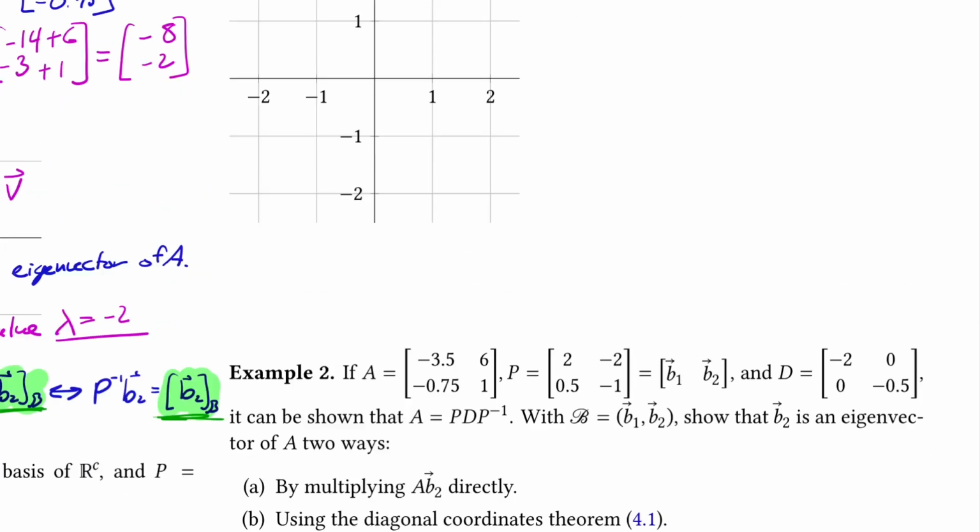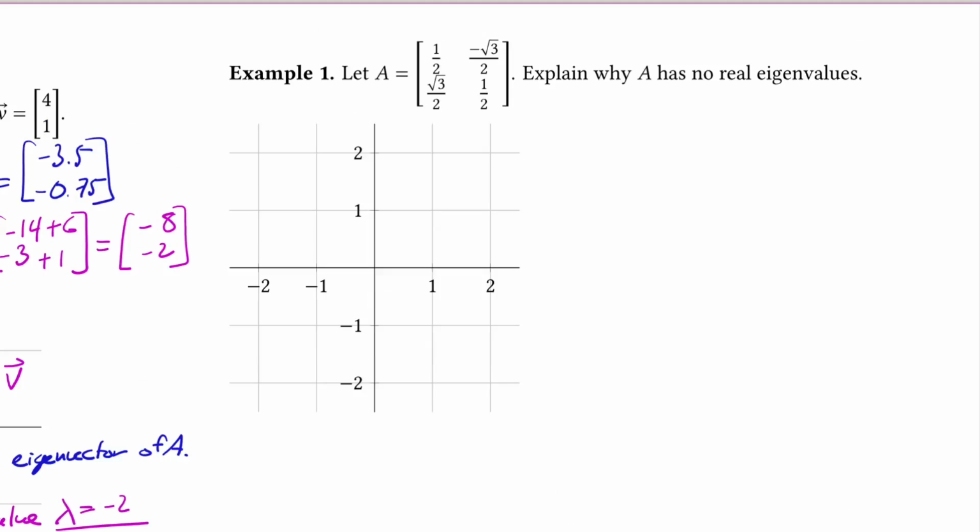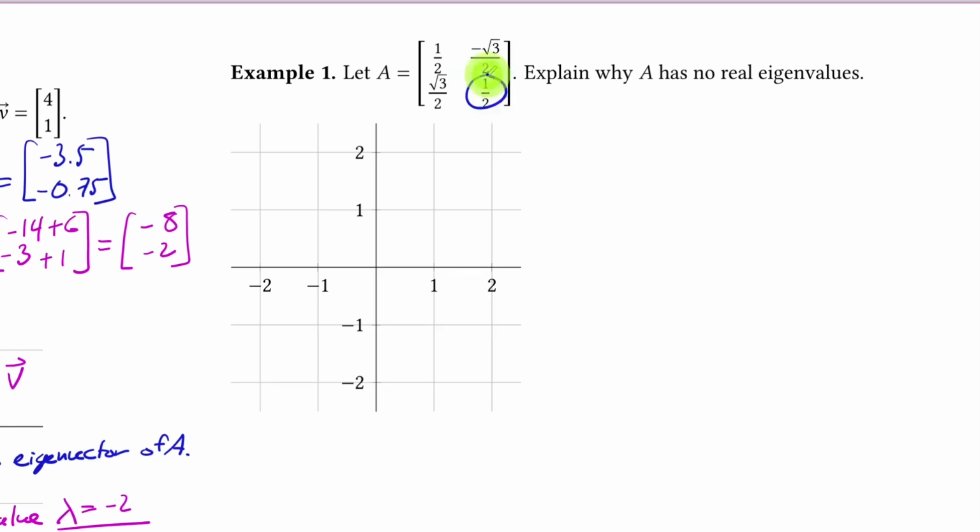So let's look at an example. Here is this matrix A. Explain why A has no real eigenvalues. Now, does this look familiar? Have we seen a matrix like this before? These fractions at least look like some common trig function values, right?